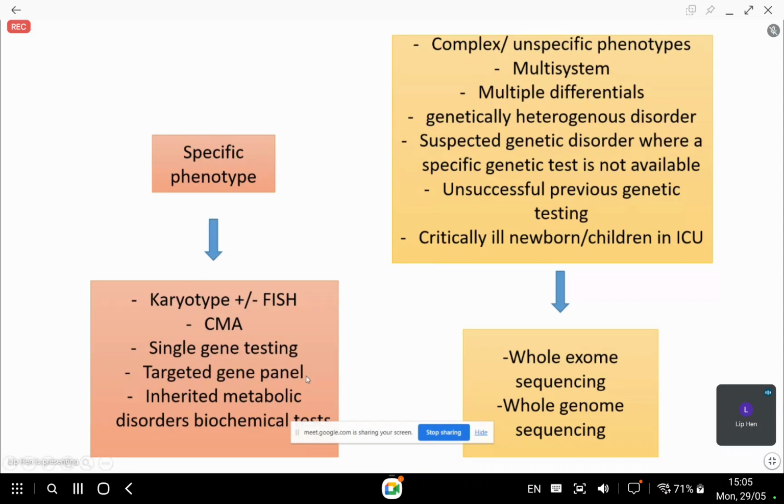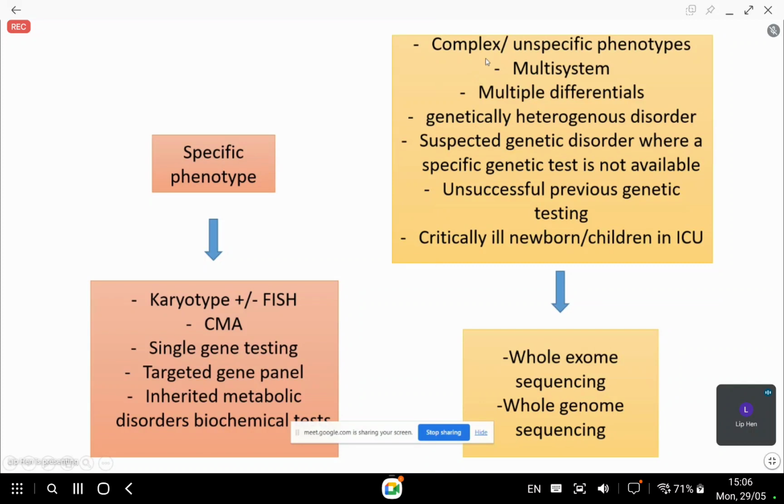If you have a child with neuromuscular weakness, you may want to order some targeted gene panel to look for the causes. And not to forget our inherited metabolic disorders biochemical tests, as we do not have a newborn screening in this country.